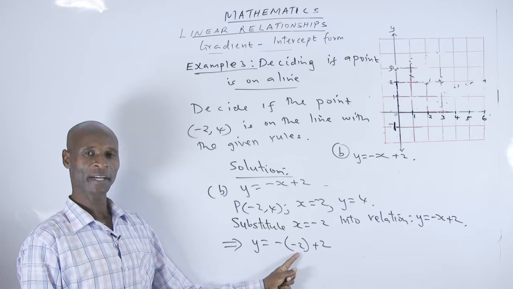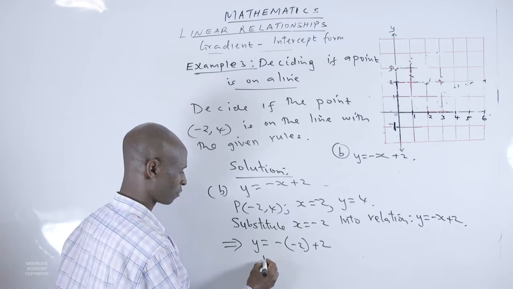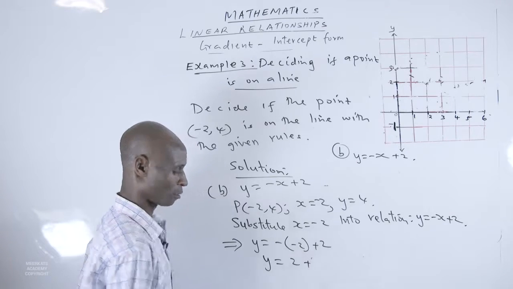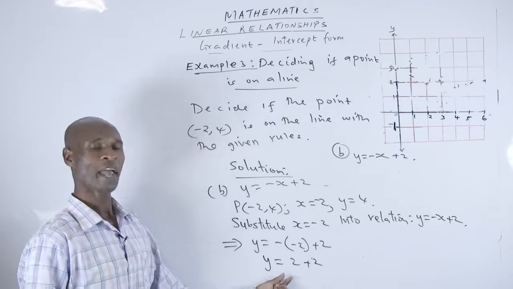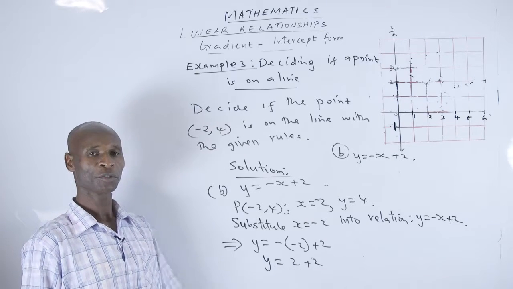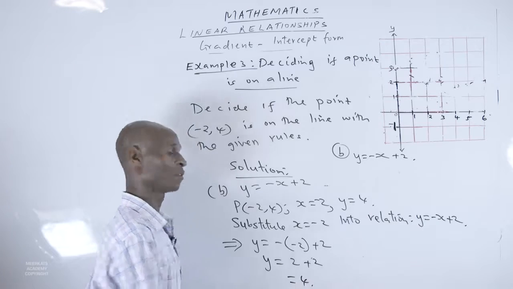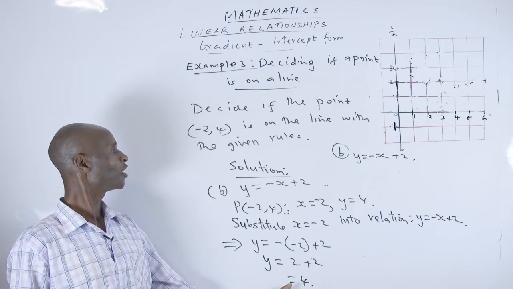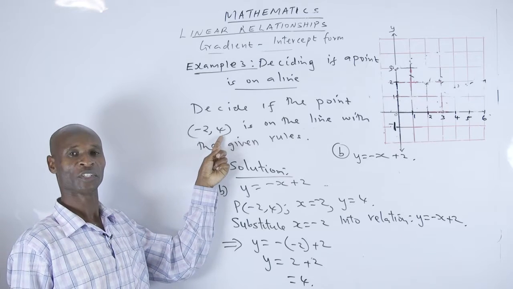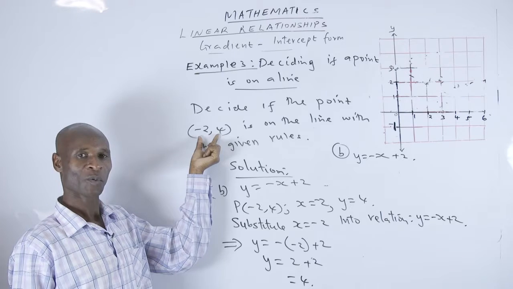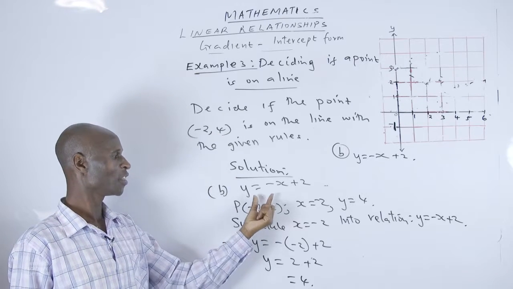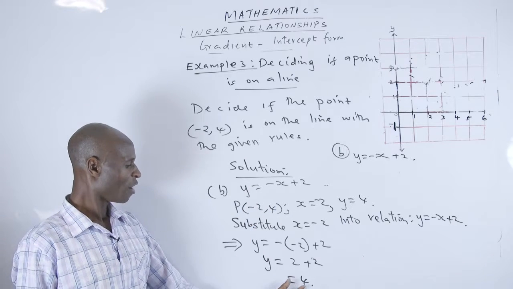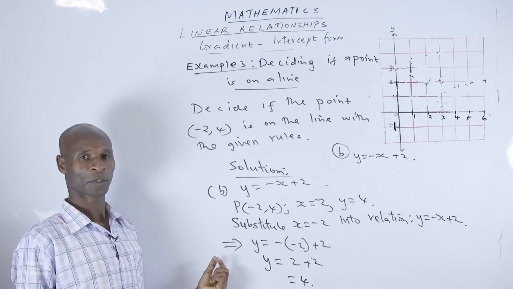A negative times a negative, the result is positive. So we are having 2 plus 2, which is equal to 4. So in this second example, the value of y is 4, which is coinciding with the value of the point. Because the values of the point when substituted in the equation must satisfy the equation. So in this case, the value of y is satisfying our equation.